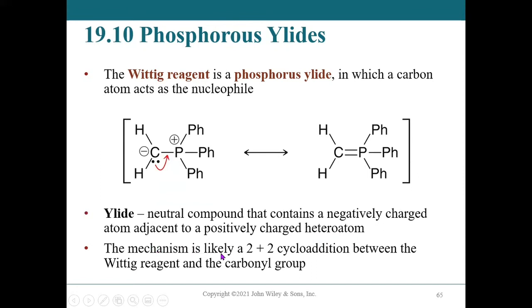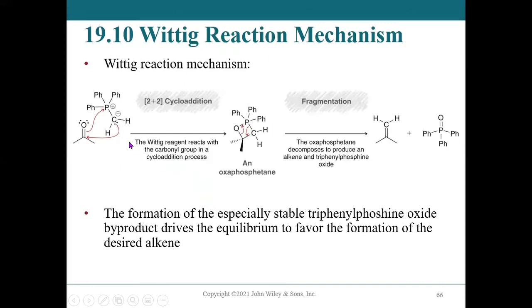The mechanism is likely a 2+2 cyclic addition between the Wittig reagent and the carbonyl group. We'll see it in this slide. The ylide reacts with the carbonyl carbon of the C=O double bond in the cycloaddition and produces this intermediate, and then fragmentation takes place, so we have these resulting products.